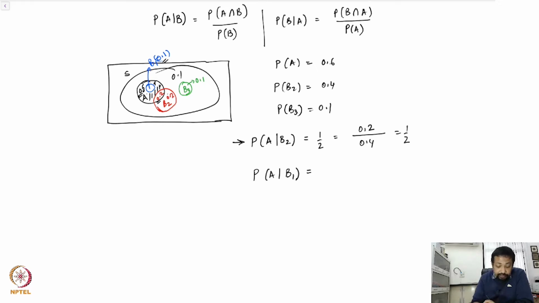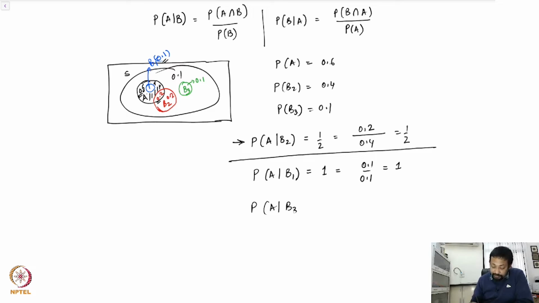Only half the times B2 has happened, A has happened, and therefore the first probability is half, but the second probability is 1, and you get back the same answer if you use the expression that is given over there. Probability of A given B3 is 0, which is very true because probability of A intersection B3 is 0.